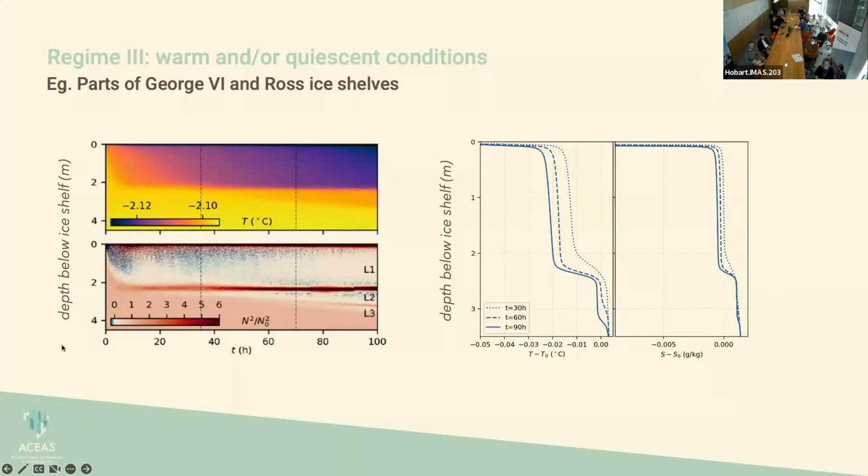What these blue colors in the stratification mean is unstable stratification, and that's an indicator of convection. And just because it's nice to visually compare with what I showed you before, these are the temperature and salinity profiles that were evolving over time.